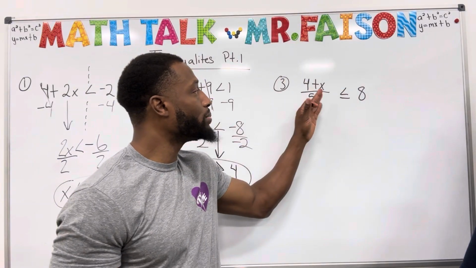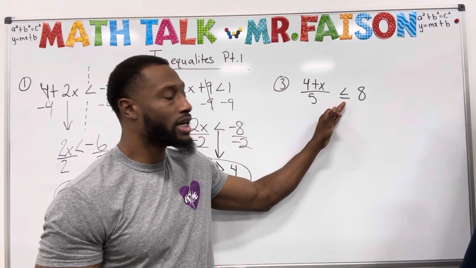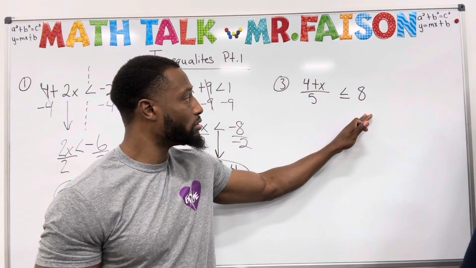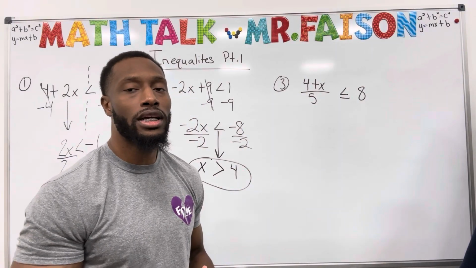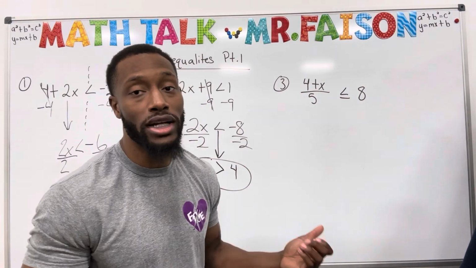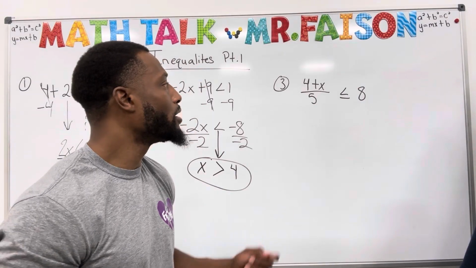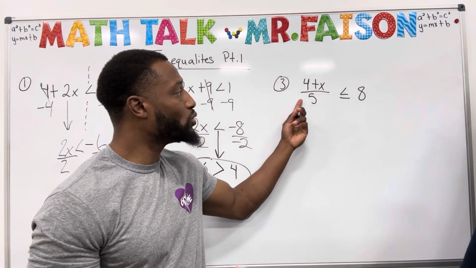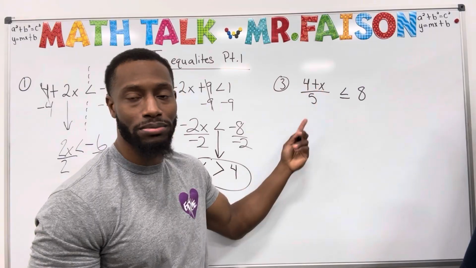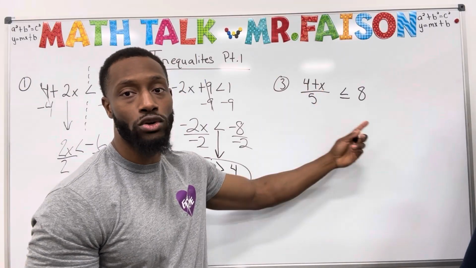What we're looking at is 4 plus x divided by 5 is less than or equal to 8, all right? We had a problem like this in multi-step equations. So if you watched that video, then you know exactly what we need to do. But if you didn't, let's jump into it. First thing I'm gonna do is, I can't divide the 4 plus x by 5, so I'm gonna multiply 5 on both sides.